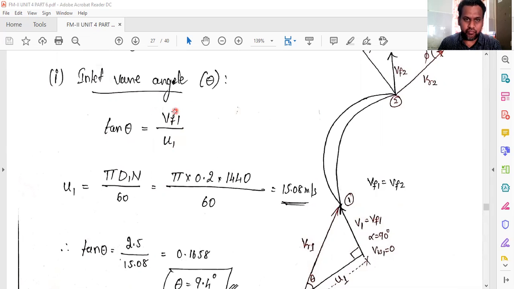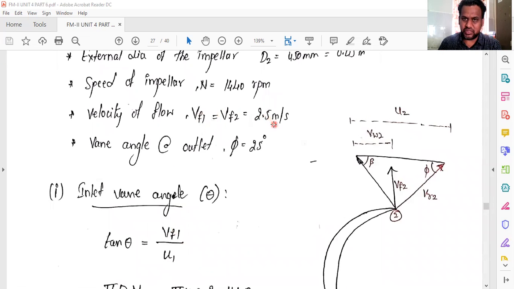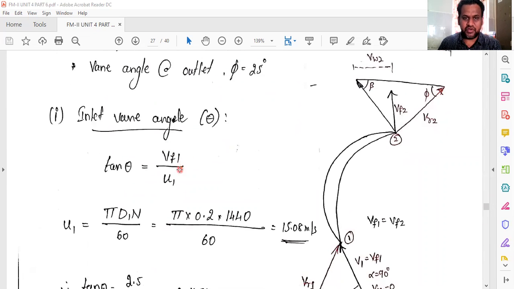Now VF1 is already given, that is 2.5 meter per second, but we don't know U1, but U1 can be calculated easily by using that formula. U1 is equal to pi d1 n divided by 60. If you want to calculate U2, that is pi d2 n divided by 60. Simple formula.